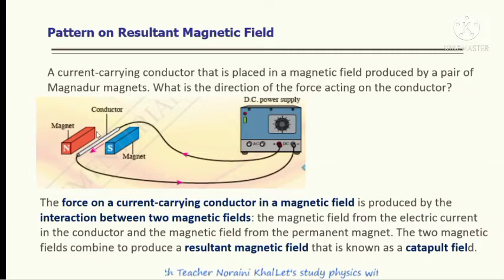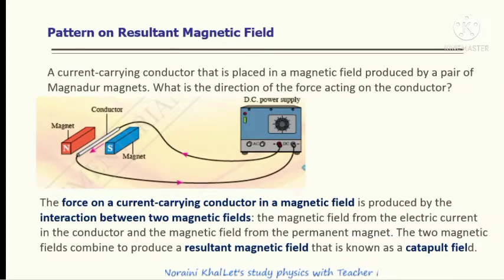You have studied before, when current flows through a conductor, there will be magnetic field around the conductor, especially when we discuss straight wire. There is magnetic field around the wire, in concentric circle shape. When we place the current carrying conductor in magnetic field of a magnet, the magnet also has its own magnetic field.